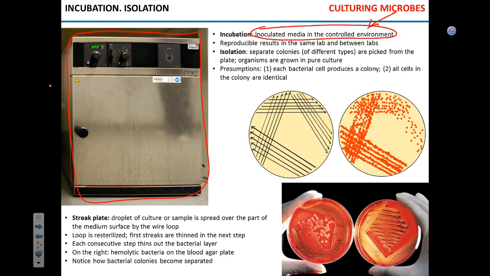Incubator doesn't have to be set at 37 degrees Celsius. For instance, if you want to select your microorganisms for the presence of mutants that are able to grow at a different temperature, you can set your incubator at, for example, 42, whatever temperature you want.